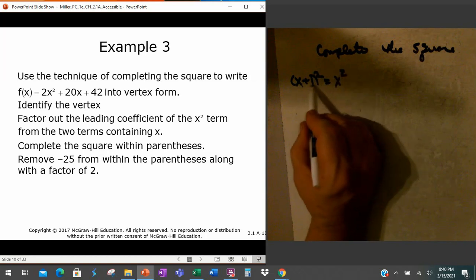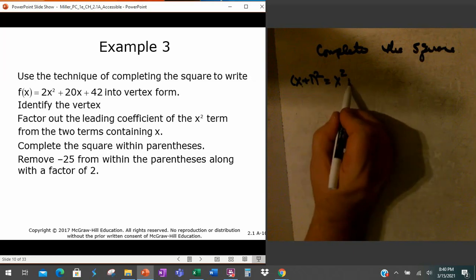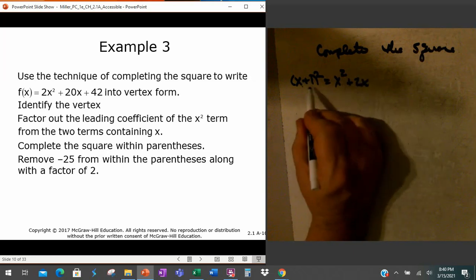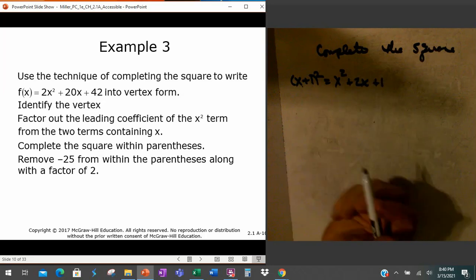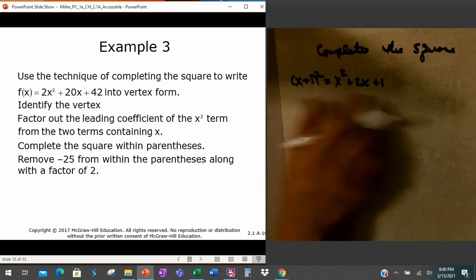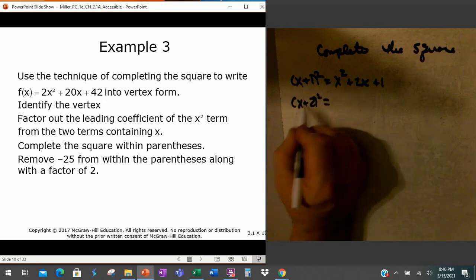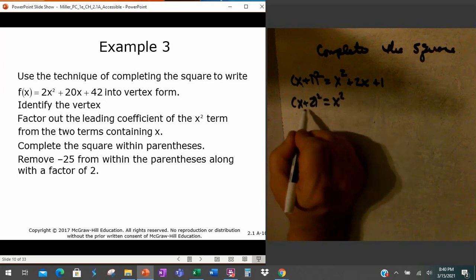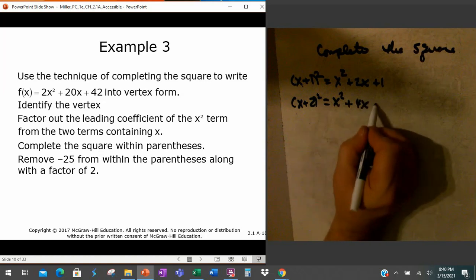So if I'm going to square this out, I square the first one, multiply the two together, 1x, and then times 2, so that's doubled, or 2x. Same sign, and then I square the last. 1 squared is 1. So that's what that looks like. X plus 2 squared: square the first, 2x doubled is 4x, and then square the last one.